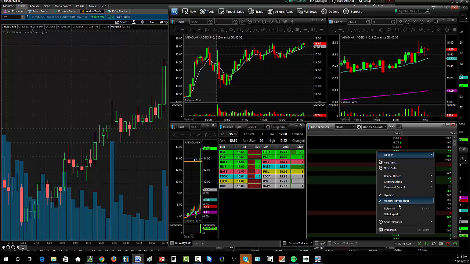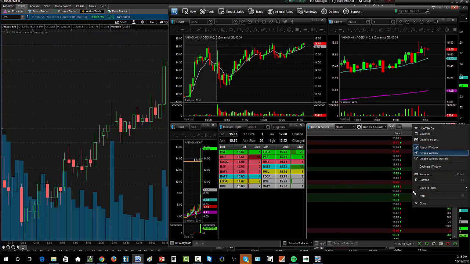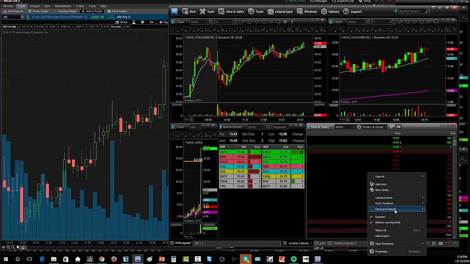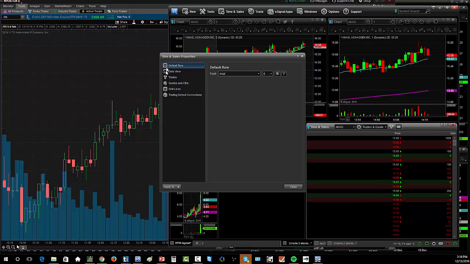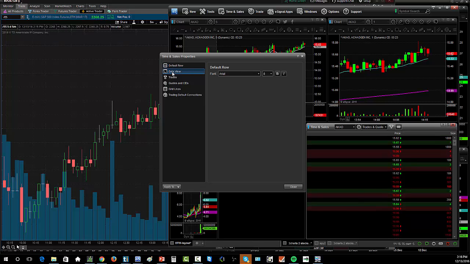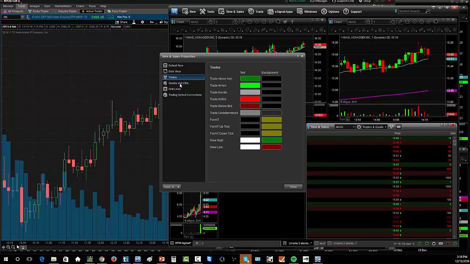Now I can choose which columns I want to display. Where is it? I guess it's just properties. And I can show more information if I want to see more information for whatever reason.